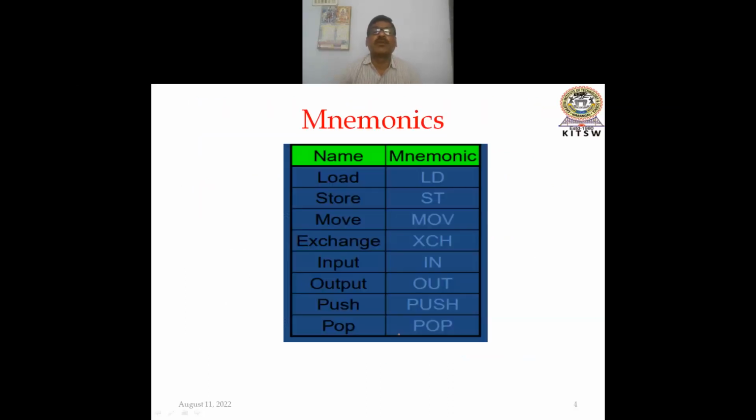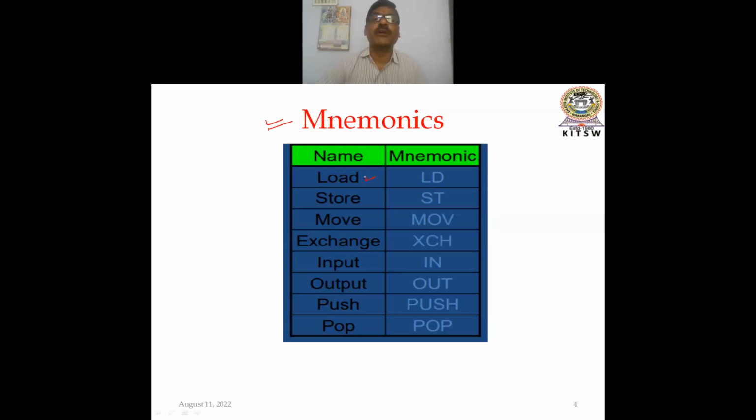When we want to write any program in assembly language, we make use of certain mnemonic codes. These are a few mnemonic codes which we will use corresponding to an opcode or a machine instruction.